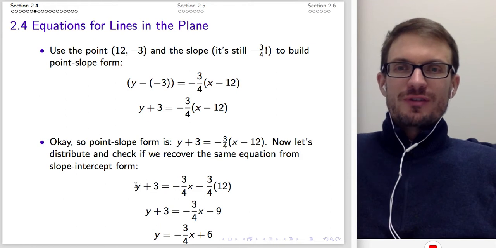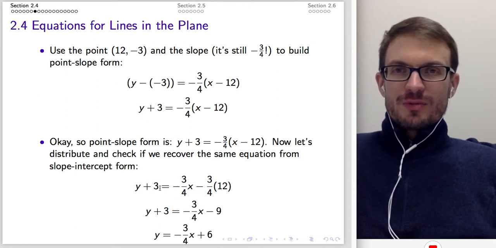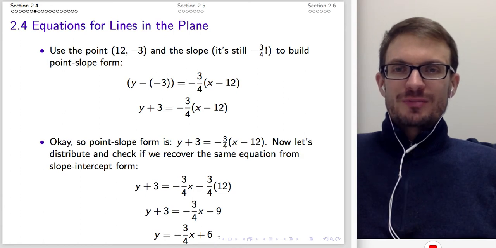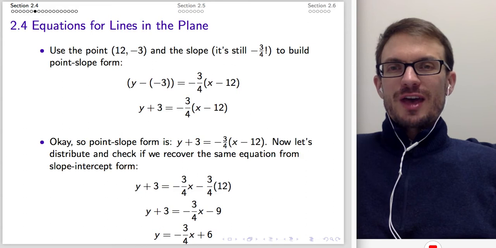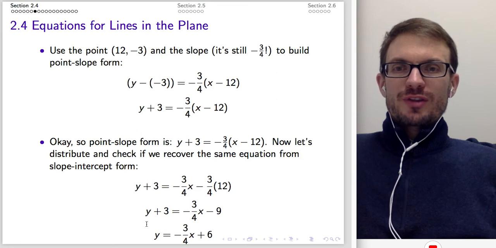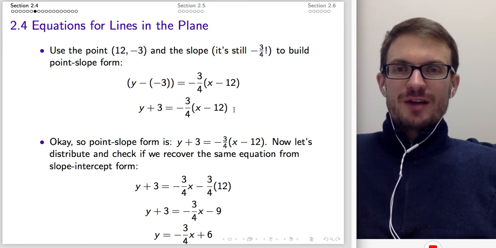And sure enough, if you perform those algebraic operations, you'll end up with y equals minus 3/4 x plus 3. Or plus 6, sorry. And what this tells us is that this representation in point-slope form is mathematically equivalent to this representation, because we got from here to here just by following the rules of arithmetic.